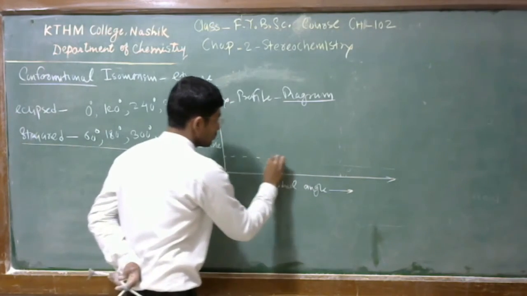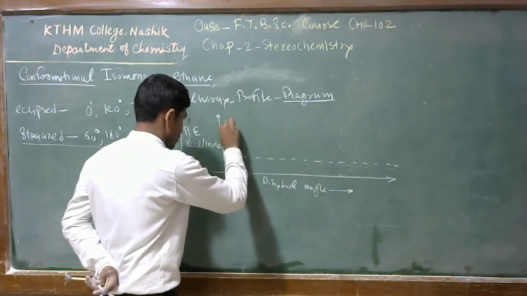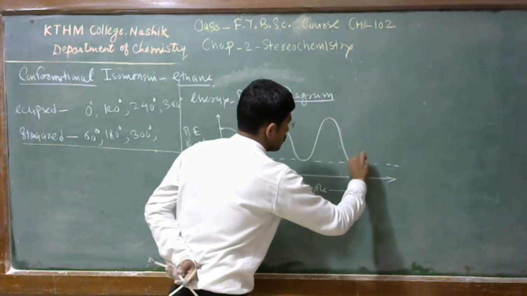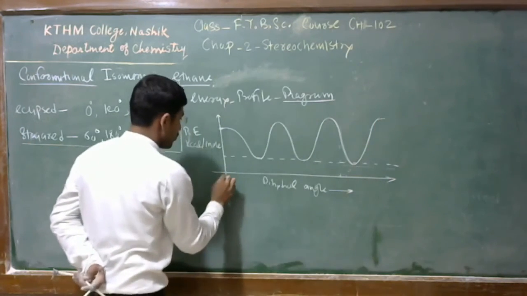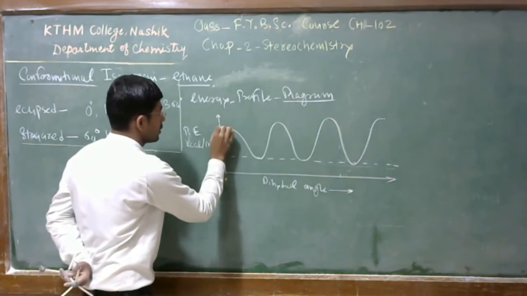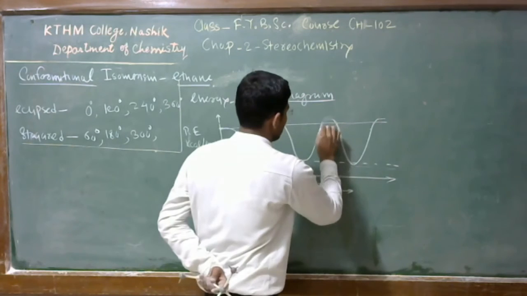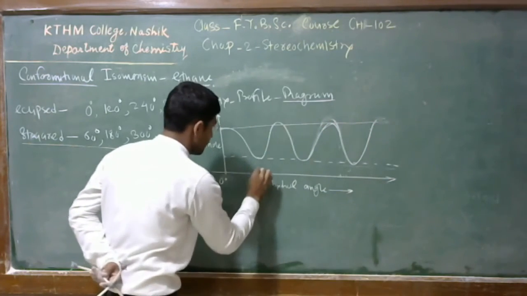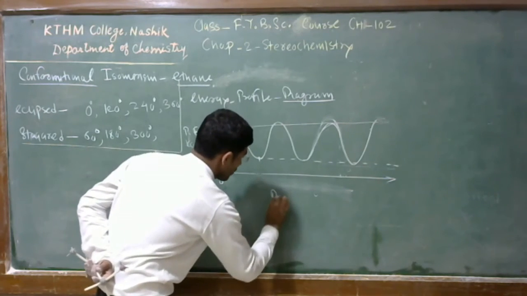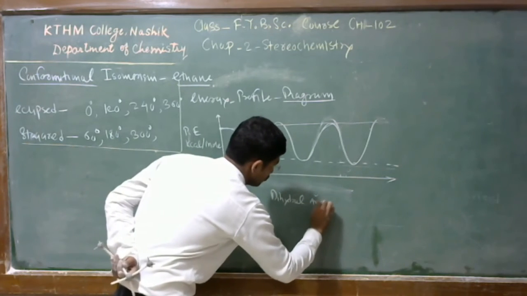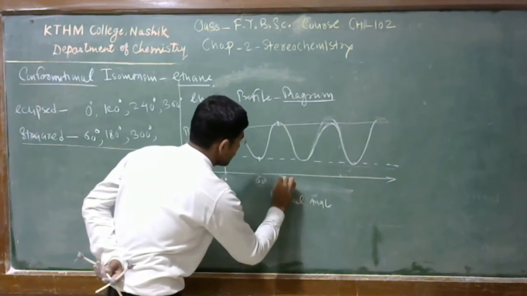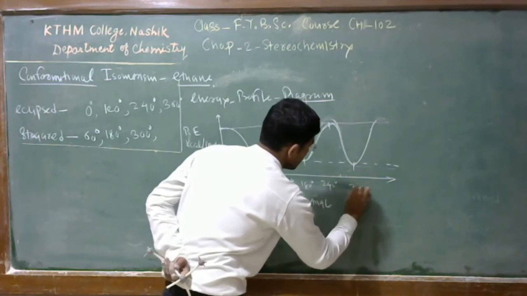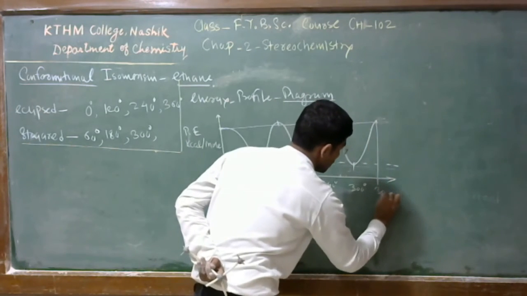So in this way we mark the dihedral angle 0, then 60, then 120, then 180, then 240, then 300, then 360, like this.